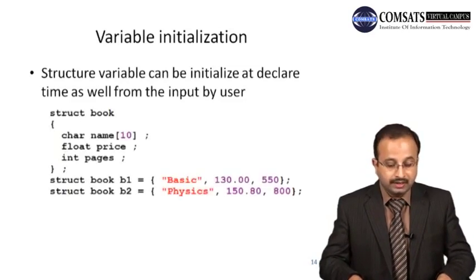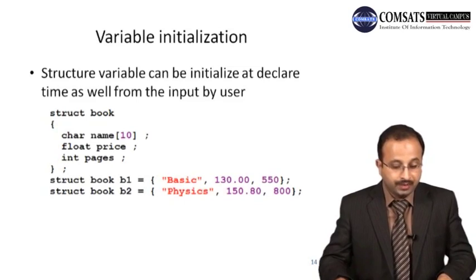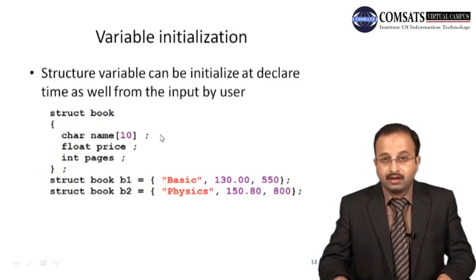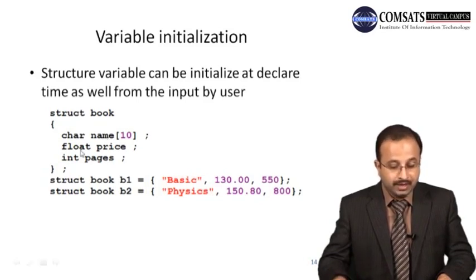Now let's see how you can initialize at declare time. For example, this is the structure. We have an array of characters, that is the name. That is more natural, because the name of a book is not a single alphabet, it is a combination of alphabets. The second element is price, whose type is float. The third element is pages, whose type is integer. Now we declare a variable struct book b1 and we initialize the b1 elements.